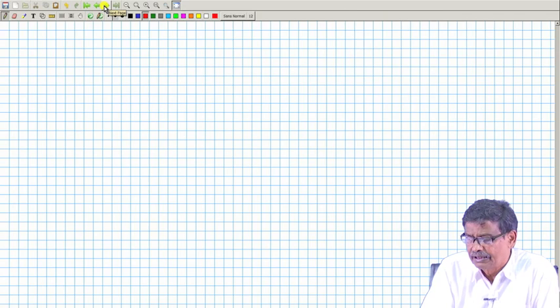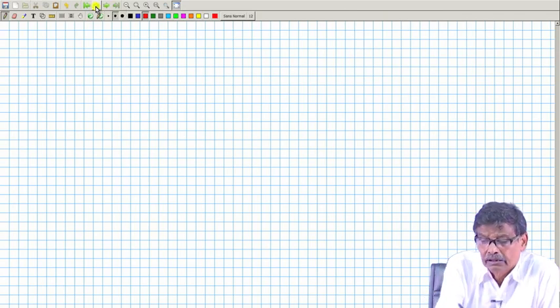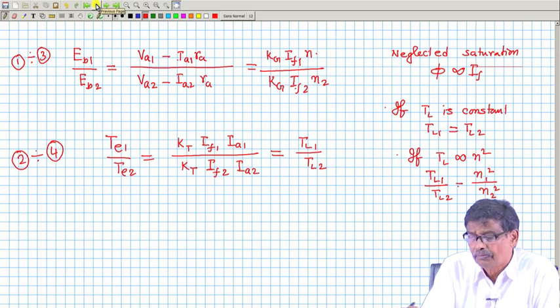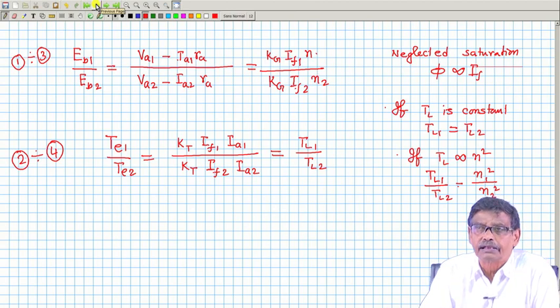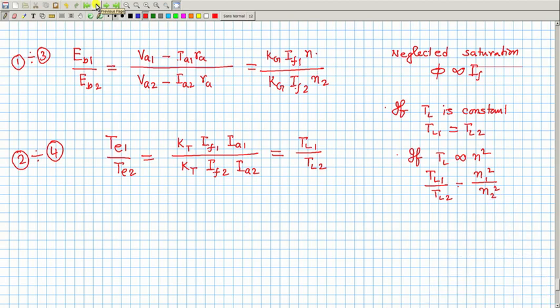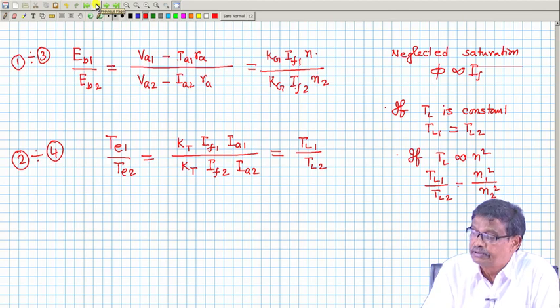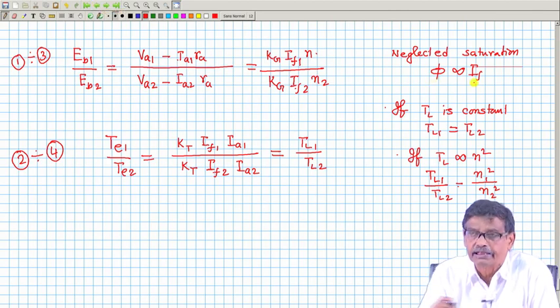So, you can start solving several problems in DC machines by using these two equations, provided phi is proportional to IF.